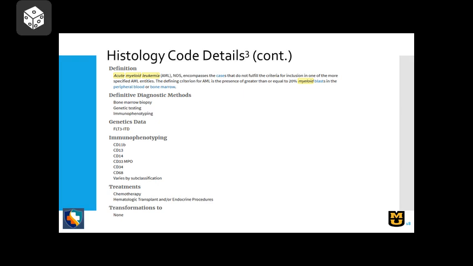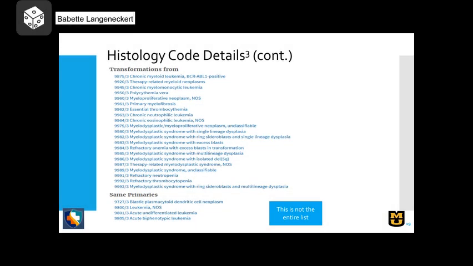In Transformations To, you will see acute myeloid leukemia does not transform to any other disease process. But in Transformations From, you will see there are many disease processes that can transform into acute myeloid leukemia.